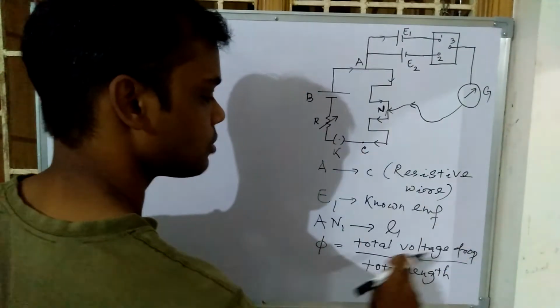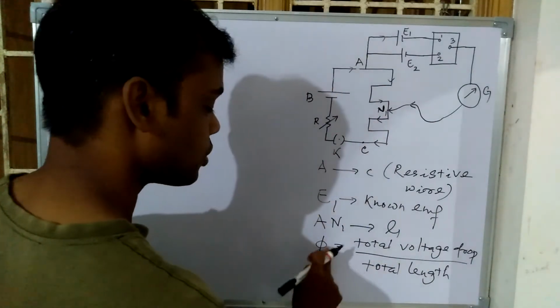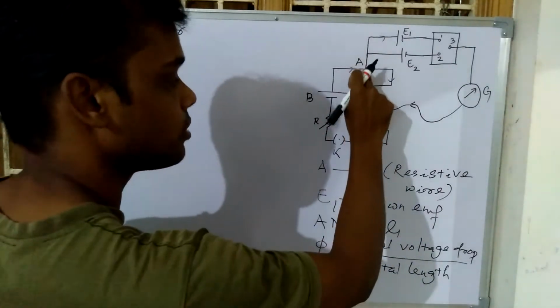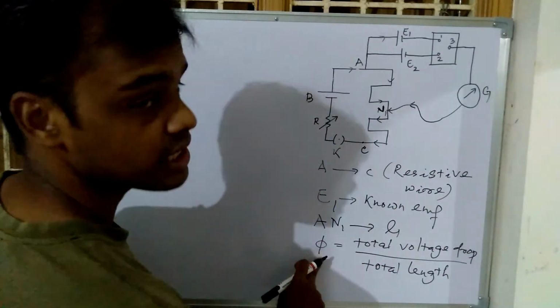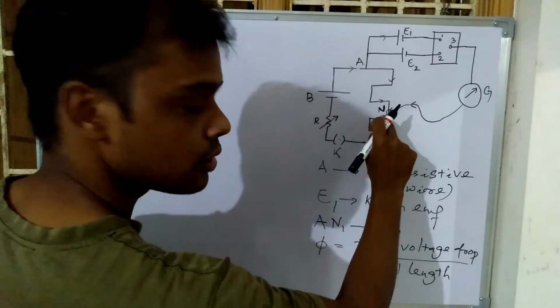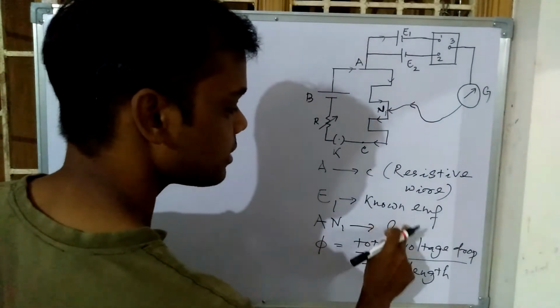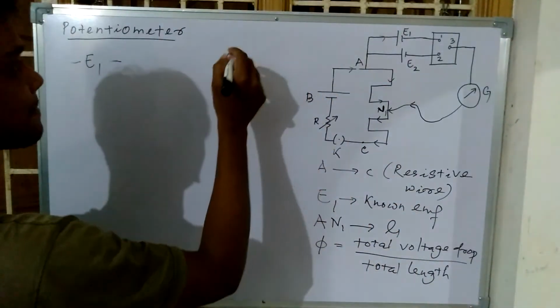From A to C, total drop whatever, total length whatever, but we are interested in potential drop per unit length. If phi is potential drop per unit length, what will be the drop from A to N1? Because from A to N1 the length is L1, the drop will be phi L1.